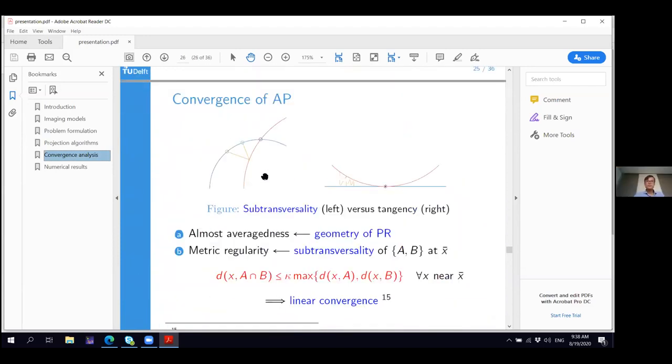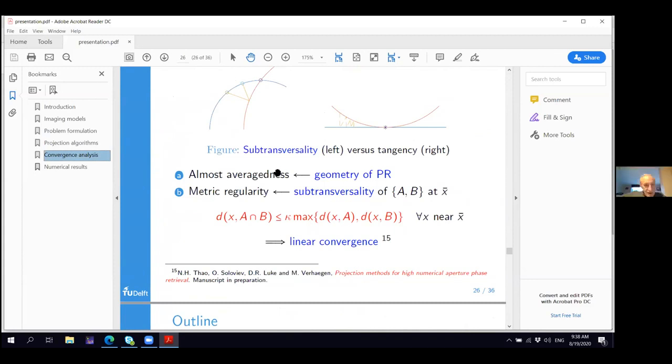Yeah. And here, part B, subtransversality somehow leads to metric regularity. And I'm a bit surprised here. I would expect subregularity on the left.